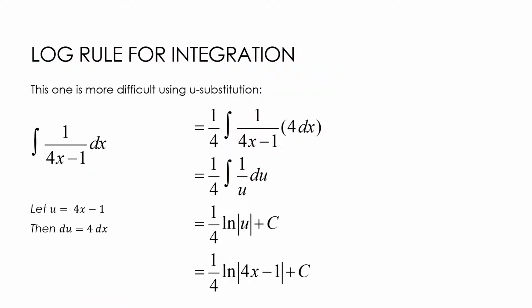So let's look at a more difficult example, and this goes back to when we learned pattern recognition or change of variables. So this was at the end of chapter 4, so if you need to go back and review those videos, it's the same idea. I showed you 2 different methods, so I'm going to show this first one using both of those methods. But what I want you to understand is when I'm integrating something like this, I really need this to be the integration of u prime over u.